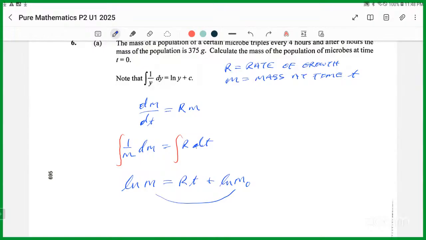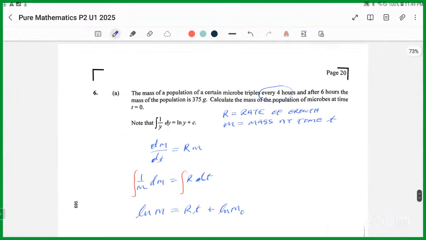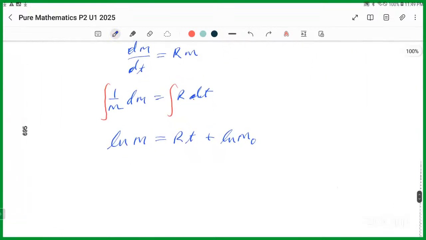This is going to come over here and subtract. Once you get a formula for m, that's what we want, so we can plug in that when t equals 4, the starting mass tripled.